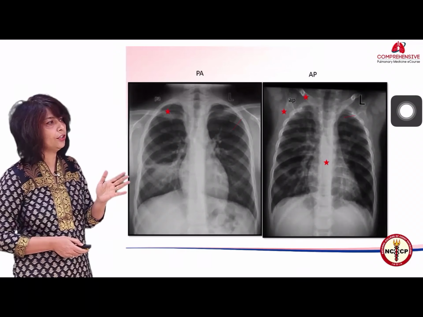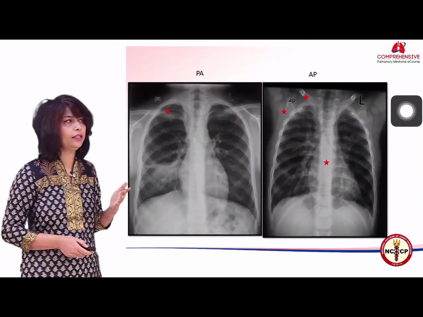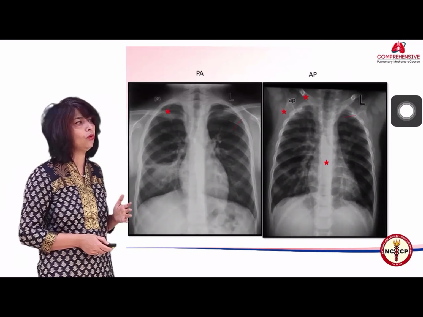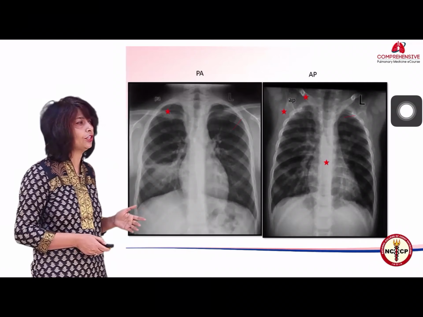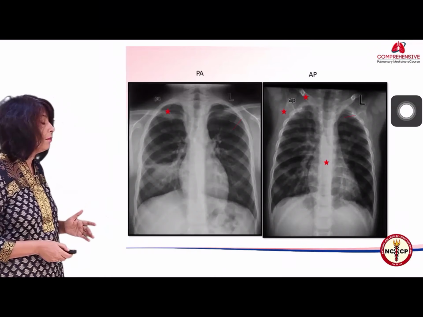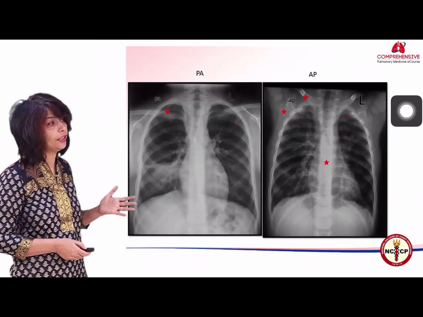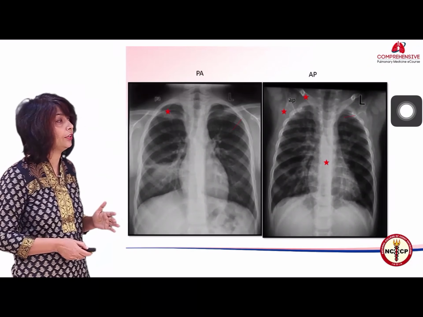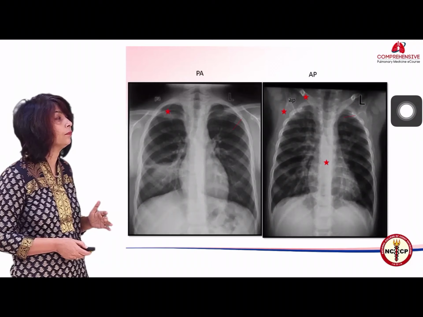In an AP radiograph, they are more clearly visible. And there is of course the issue of apparent magnification of the cardiac shadow, but as I will reiterate in the end, we are not doing a normal cardiac radiograph in this talk.